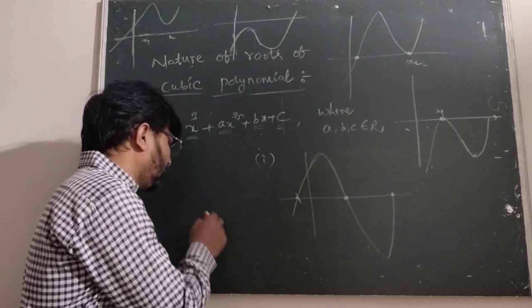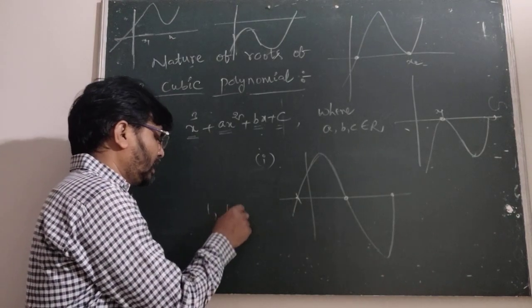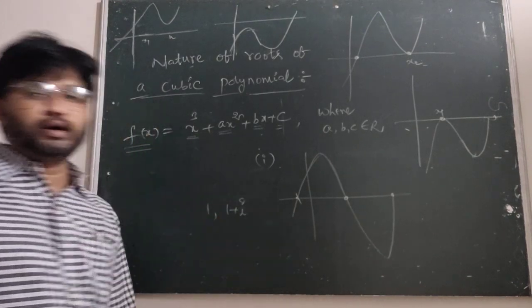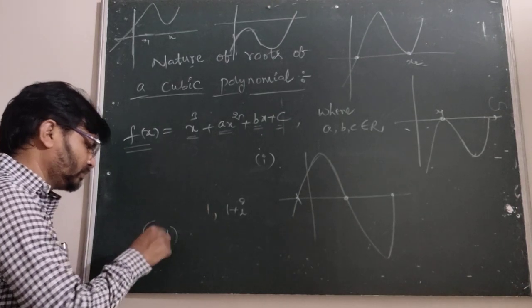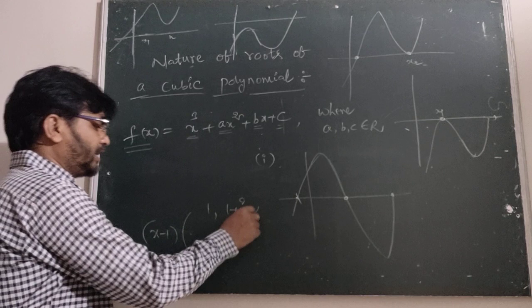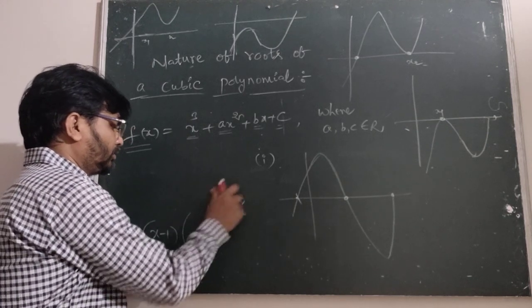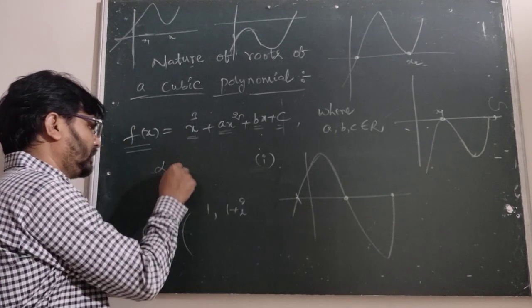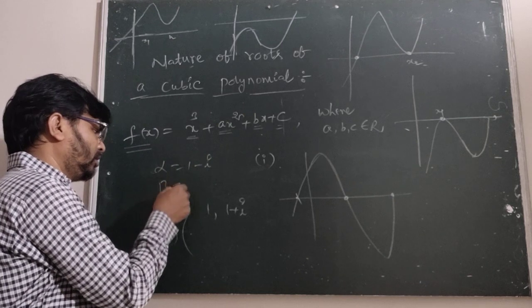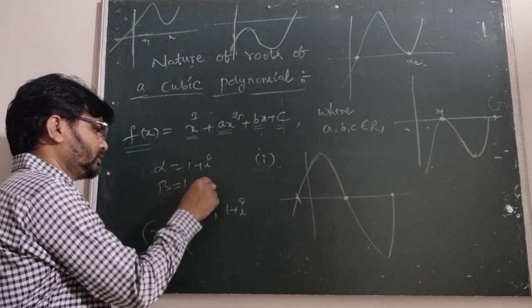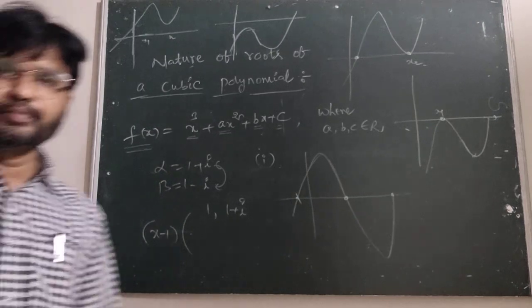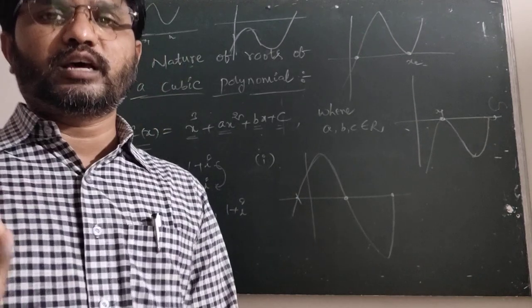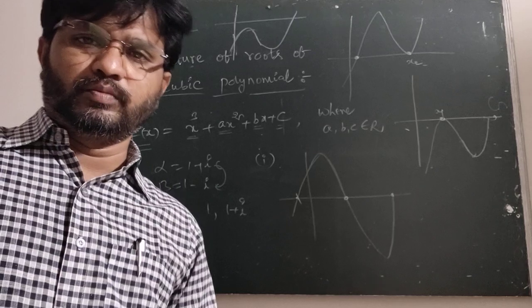Suppose we find the polynomial equation having the roots 1 and 1 plus i. We take x minus 1 for one root, and another root is alpha, so the other one must be beta, which is 1 minus i, the conjugate of 1 plus i. Why? Because the roots come from minus b plus or minus root of b square minus 4ac by 2a.